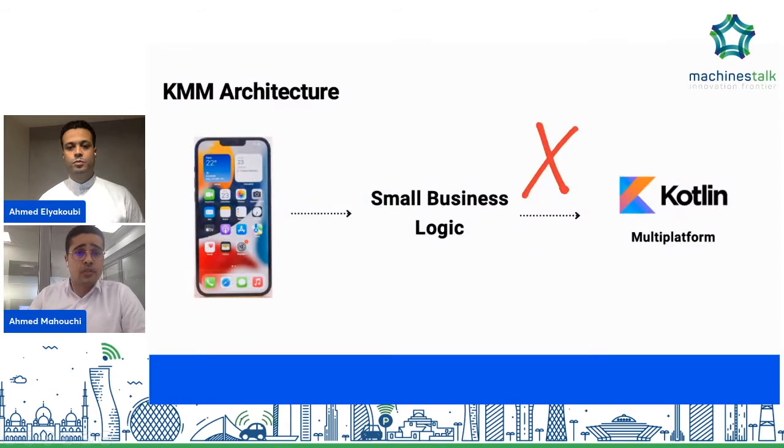Let's move now to see the KMM architecture. Kotlin Multiplatform Mobile allows you to use a single shared code for the business logic of iOS and Android apps. So if you have an app where the majority of your code is UI logic, then the main power of Kotlin Multiplatform will be unused.